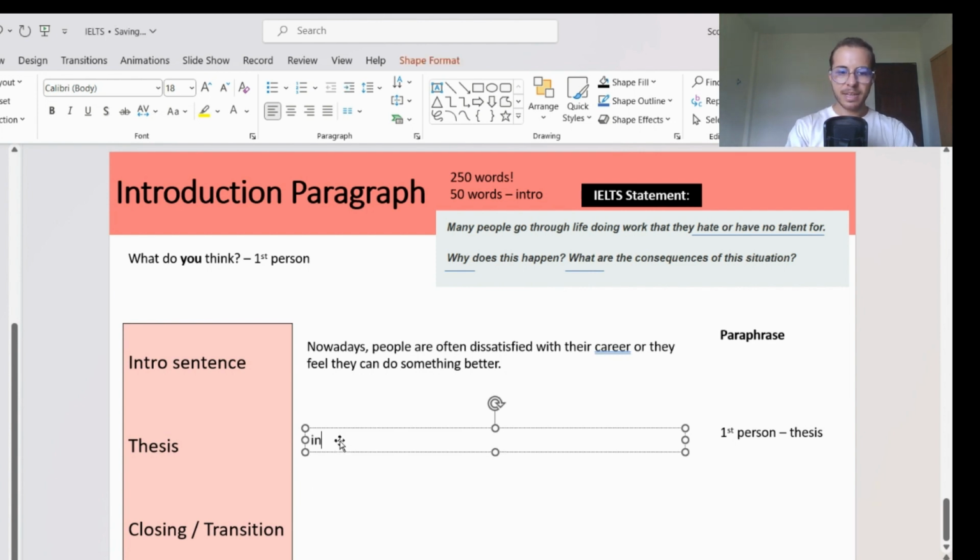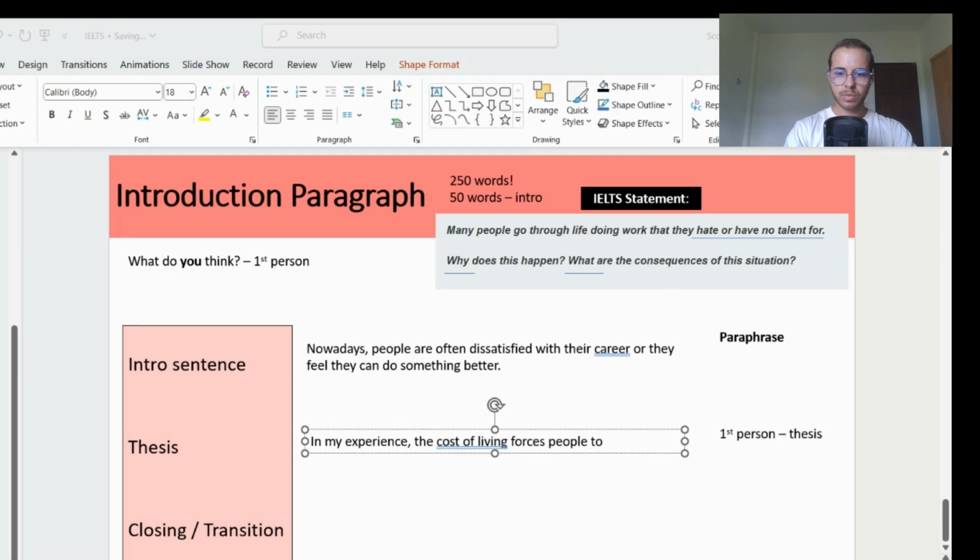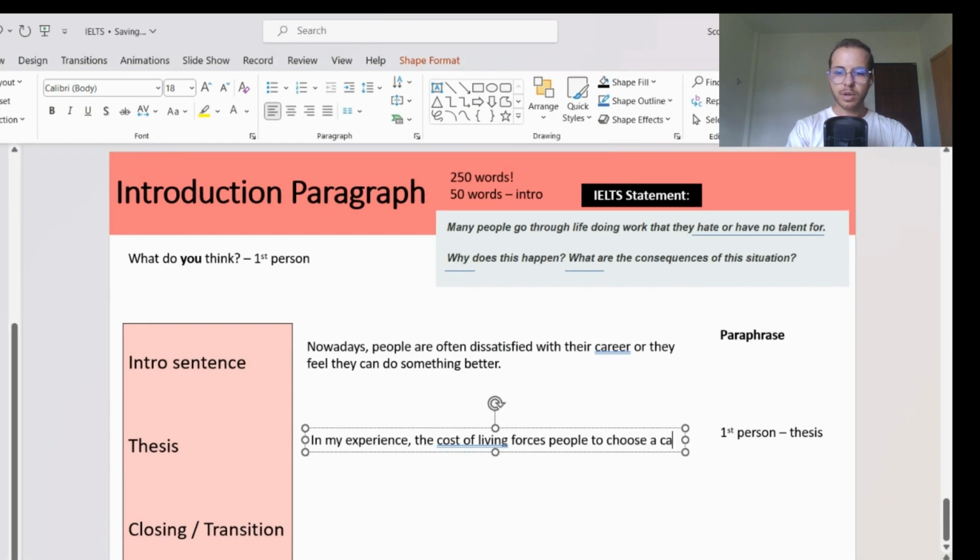I'm going to say, in my experience, the cost of living forces people to choose a career based on salary. Now, you can have two sentences for your thesis, but today I want to make one sentence for my thesis, so it will be a longer sentence.